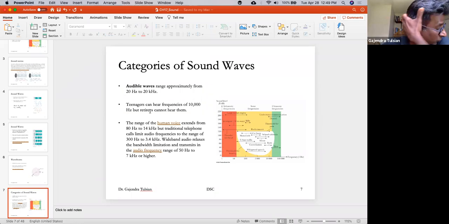And so you might have experienced some of this in a high school classroom, where kids will have ringtones with high pitches, and they can hear these ringtones while the teacher cannot hear the ringtone. So that kind of stuff happens.